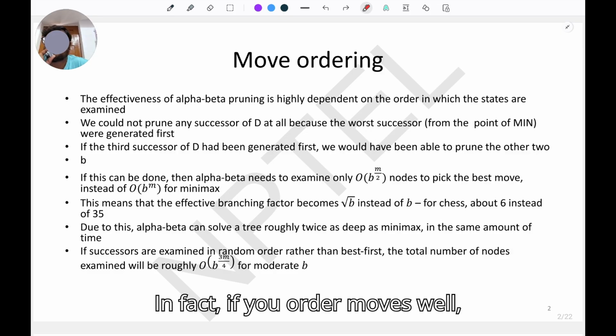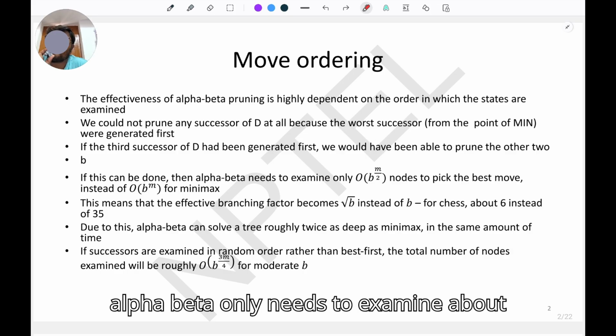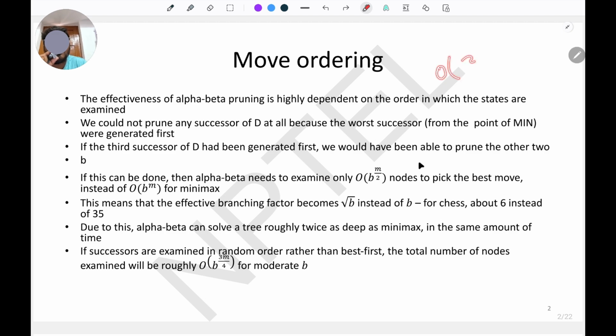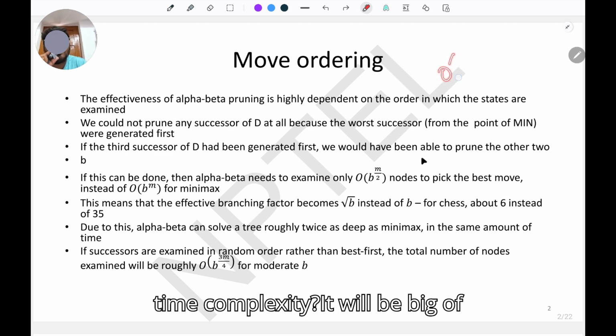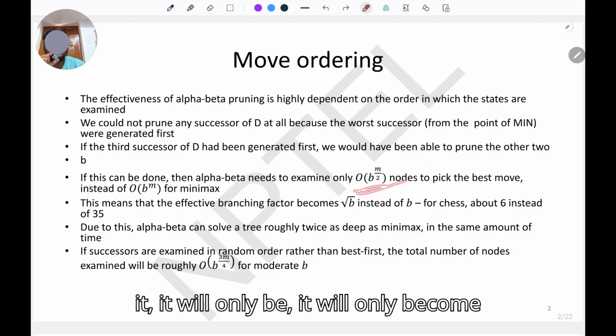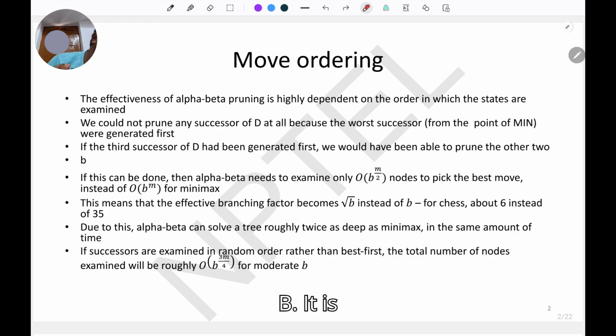In fact, if you order moves well, alpha beta only needs to examine about, what will be the time complexity? It will be O(b^(m/2)).